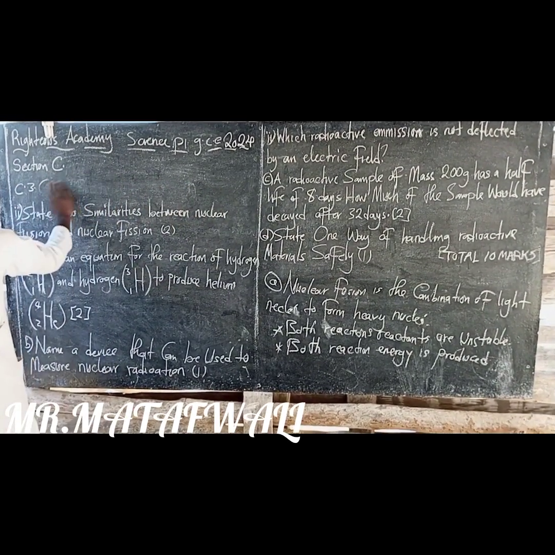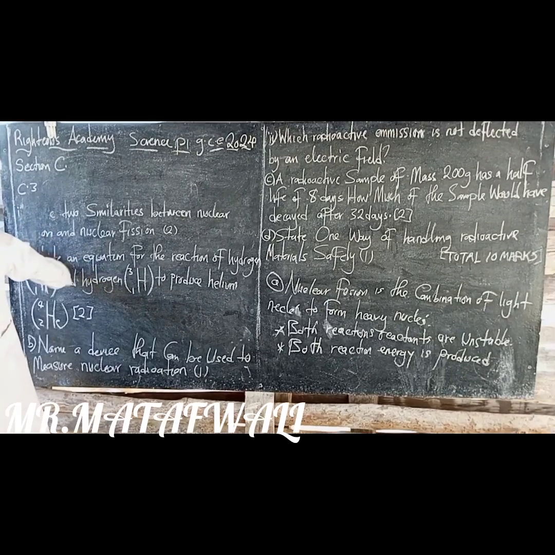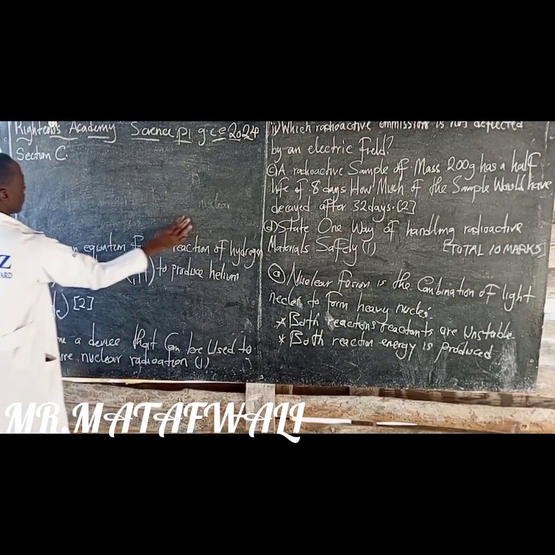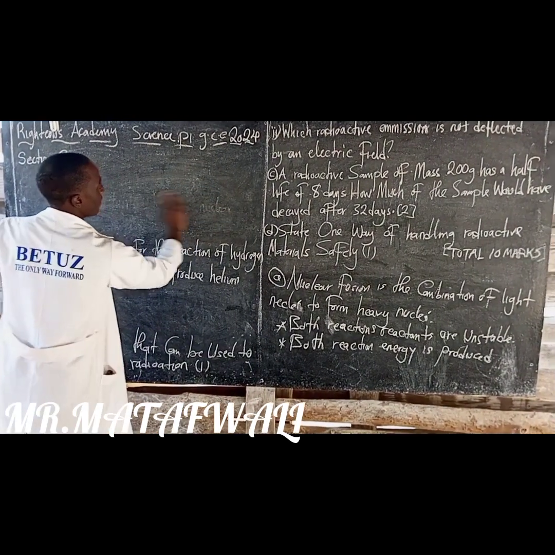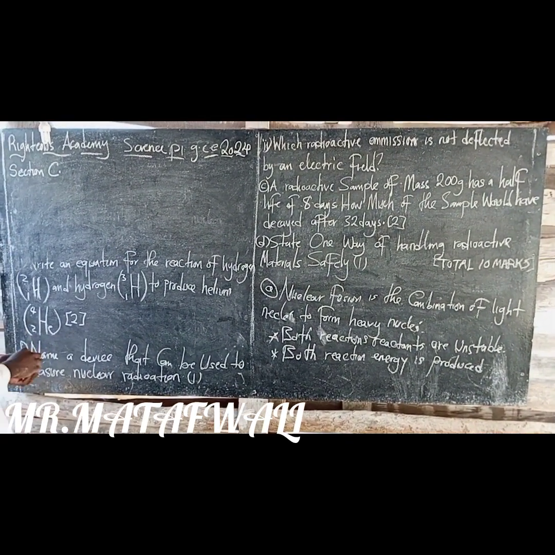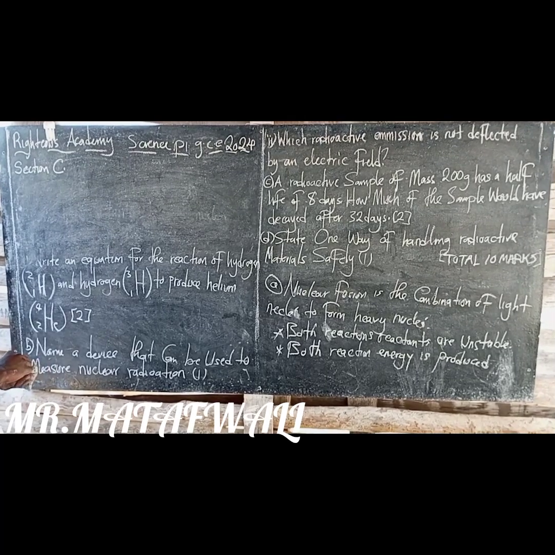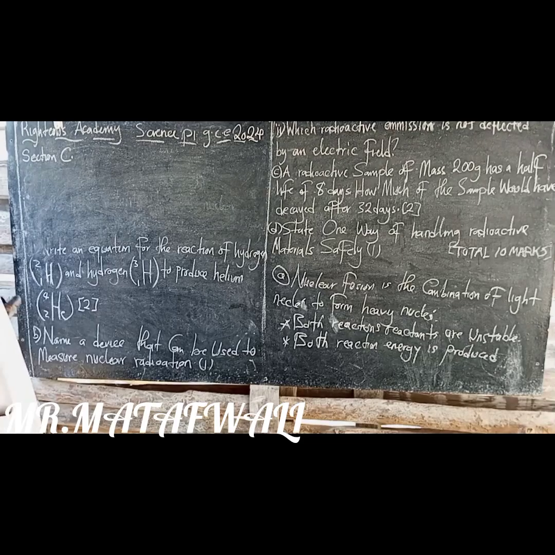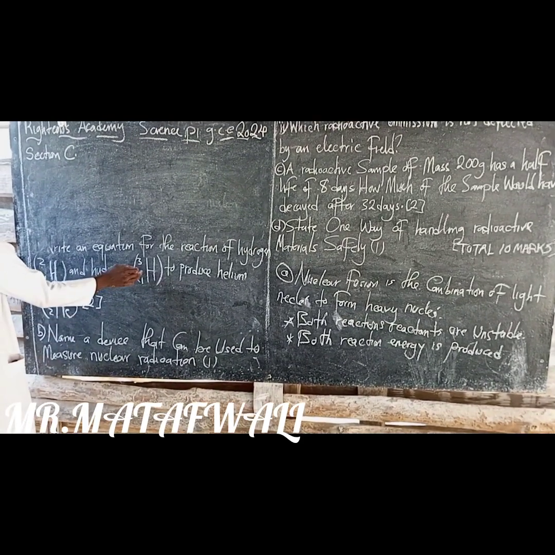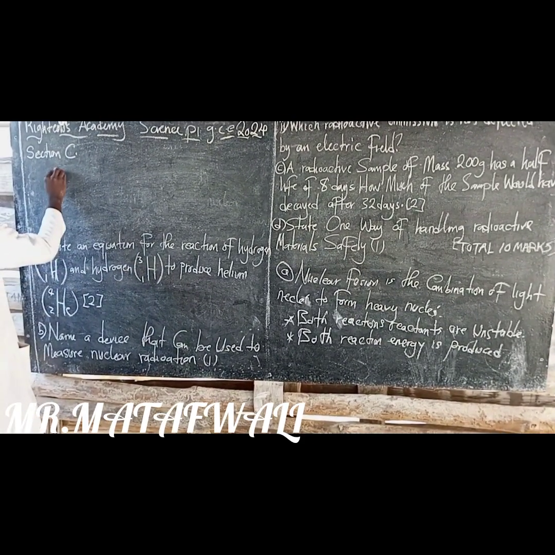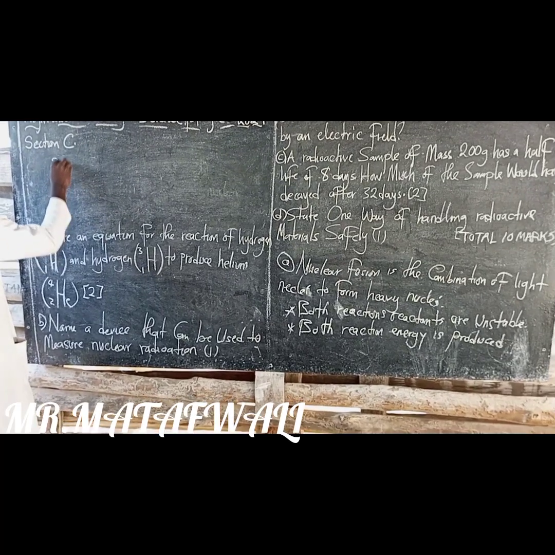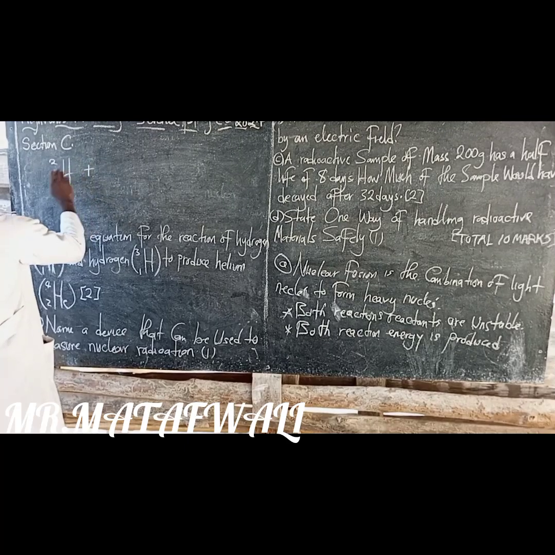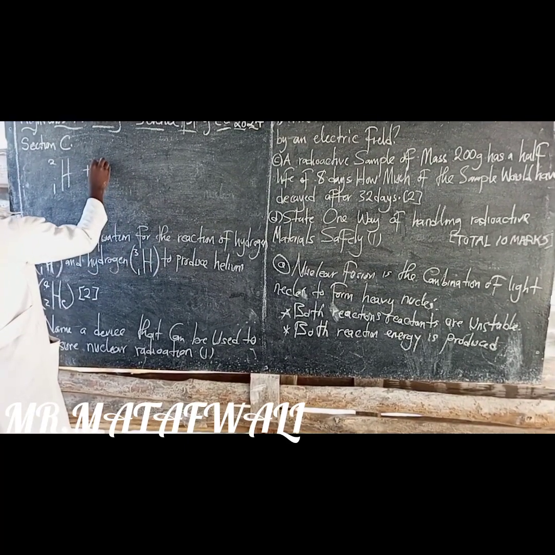So we are going to write this reaction using this top part of the board. So we are reacting hydrogen and hydrogen. So these are isotopes of hydrogen. Then this reacts with this hydrogen.